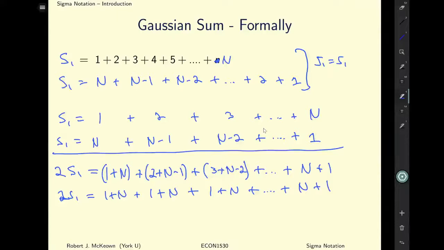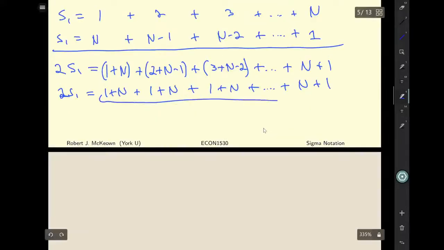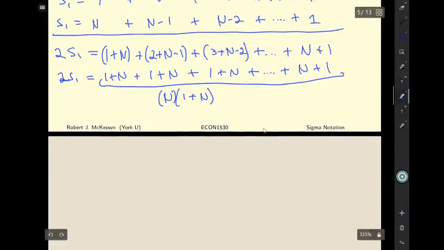And so now, what do I have here? Well, I have N numbers. I have N terms of 1 plus N, or N terms of N plus 1. And so I can rewrite this expression: 2 S1 is equal to N times N plus 1. I'll write it that way.